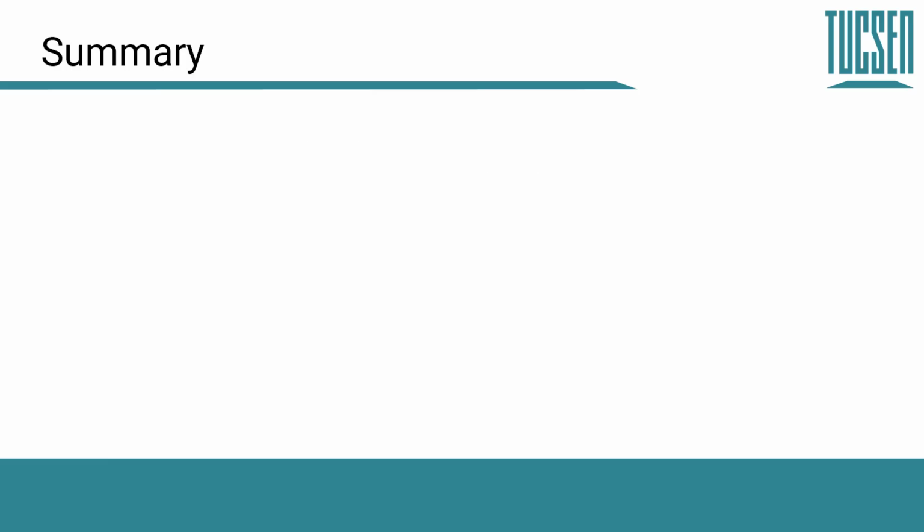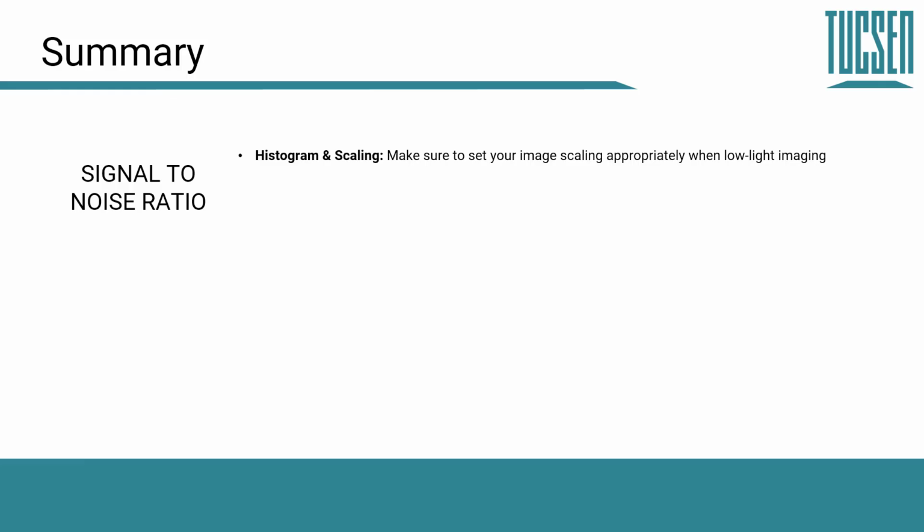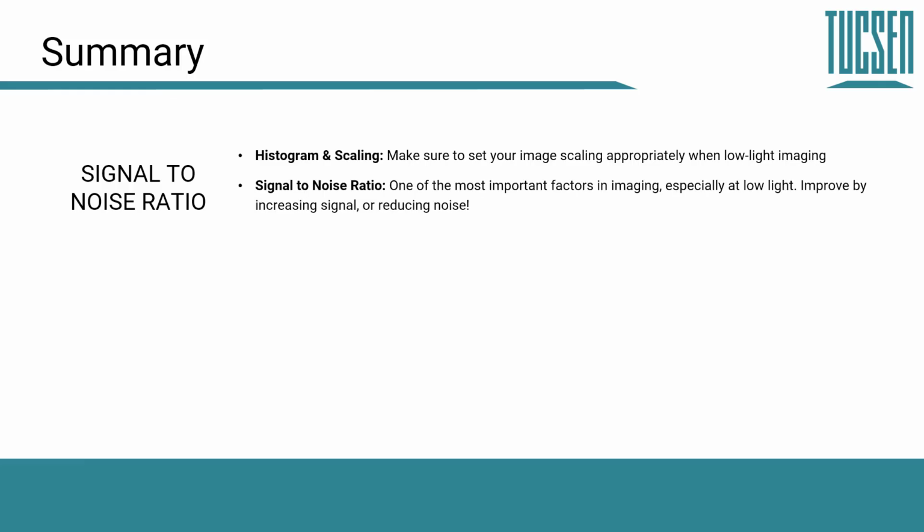So in summary, in this section we looked at the signal-to-noise ratio. First off, we examined the histogram and scaling settings, and this is important to make sure that your image scaling settings are set appropriately for your imaging application. These might sometimes require manual setting. In low light imaging, it's more important to set them appropriately than in higher light settings.